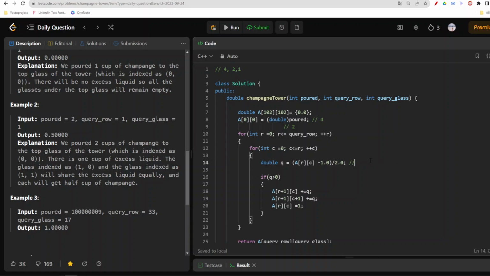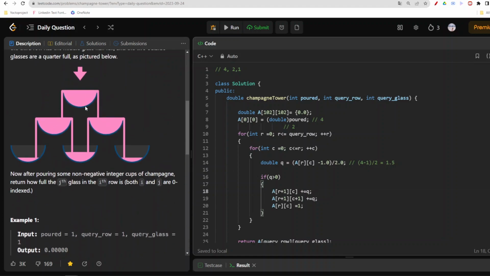So basically at this point we will be doing this 4 minus 1 and divided by 2, that will come out to be 1.5, and then this 1.5 will be poured to our next glasses, this one in the first row. We are taking the first row as the zeroth row, then the second row is the first row.